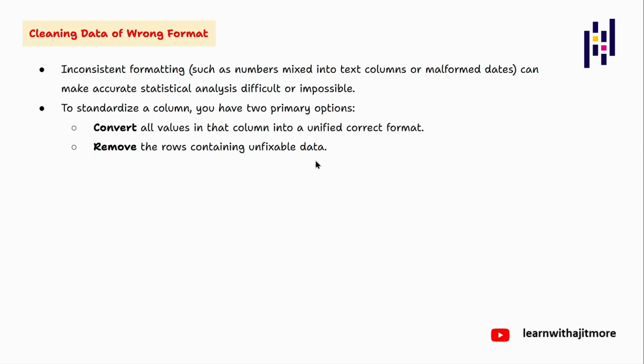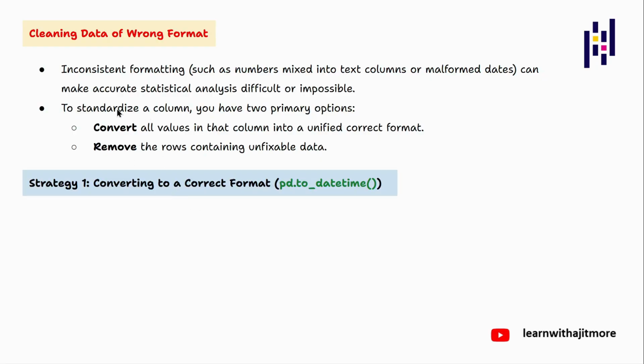As the data is not getting adjusted to our format, we are saying this is my format and this data is not getting accommodated to our format. It's better to remove it so that all the values will be in a standardized way. So both options we will see.